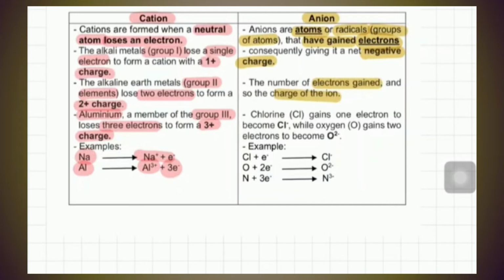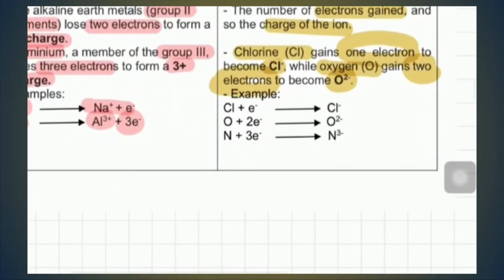So for example, chlorine gains 1 electron to become Cl-, while oxygen gains 2 electrons to become O2-. See the example: chlorine plus 1 electron will become Cl minus, oxygen.